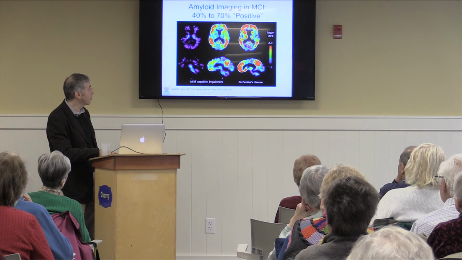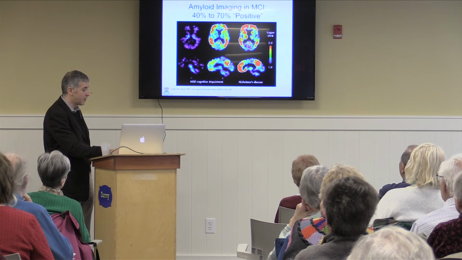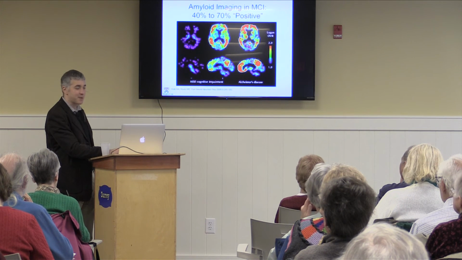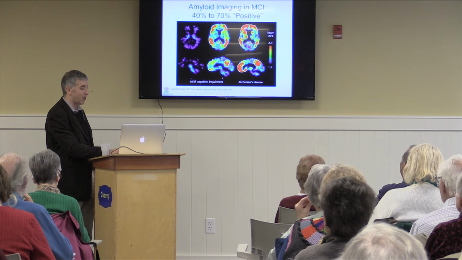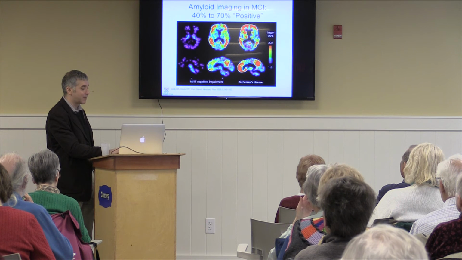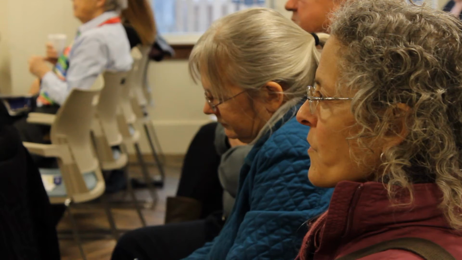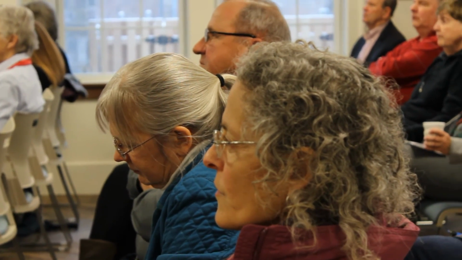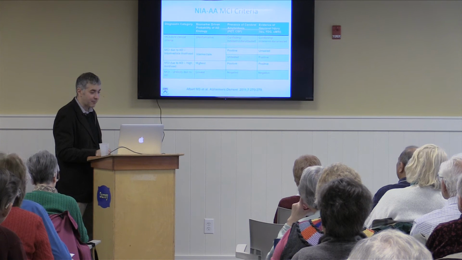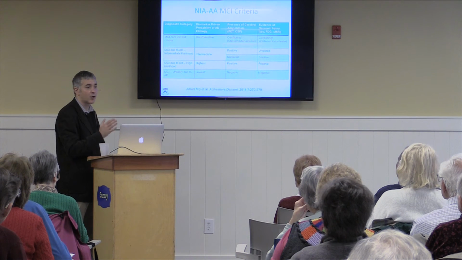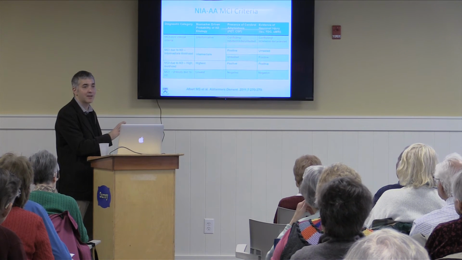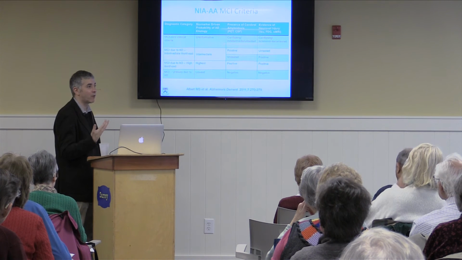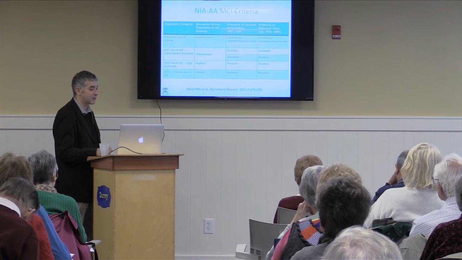We also use amyloid imaging for that, and what we've seen is in mild cognitive impairment, about 40 to 70% of people, depending on the study, are what we call amyloid positive, meaning that they show the amyloid of Alzheimer's disease, and the rest aren't. And again, just like with Alzheimer's disease, there's more and more interest in incorporating these biomarkers, these tests, into how we deliver information to patients about their overall risk that it could be due to Alzheimer's disease.